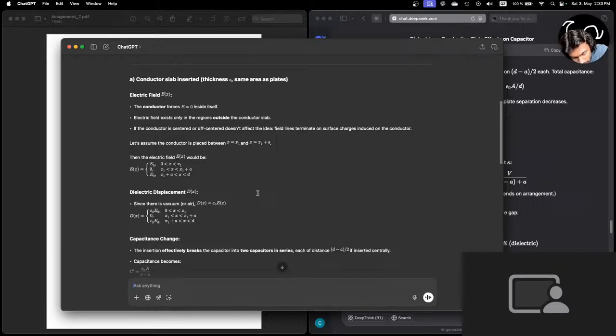The distance between the capacitor plates is d. And let's take this as x. No, that's wrong. x is actually a variable.